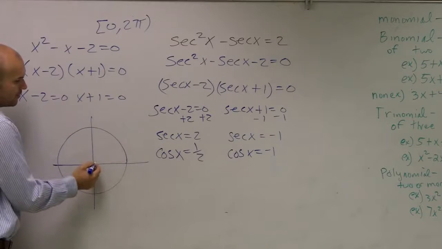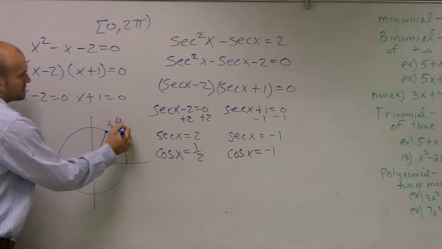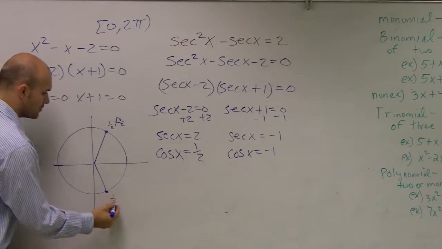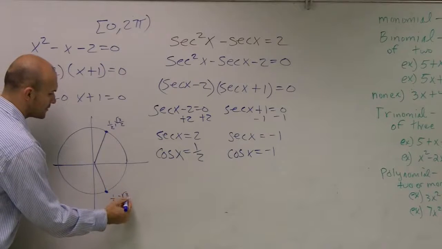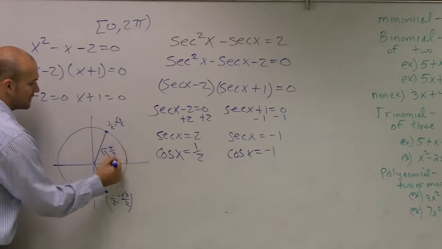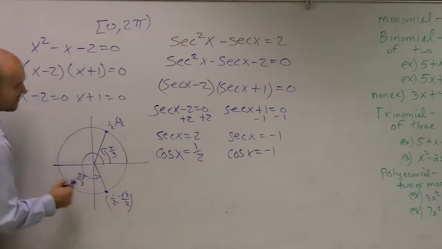1/2 would be at this point, 1/2, radical 3 over 2. And it's also at this point, 1/2 comma negative radical 3 over 2. This angle, like I said, is pi over 3, and that angle is 5 pi over 3.